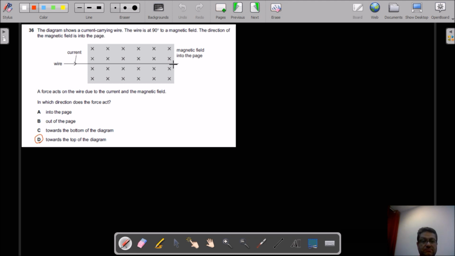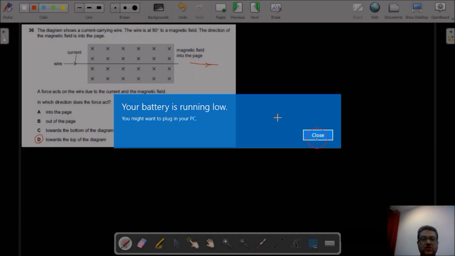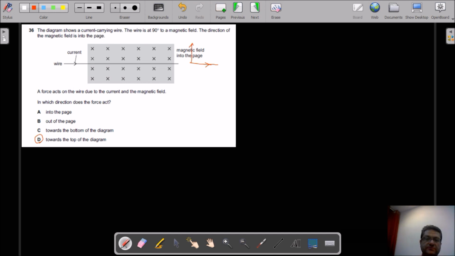In this question, the magnetic field is into the page, so your thumb will be towards the top of the diagram. So D is right. Four fingers in the direction of current, and then your thumb, if you open it, will be the direction of force.